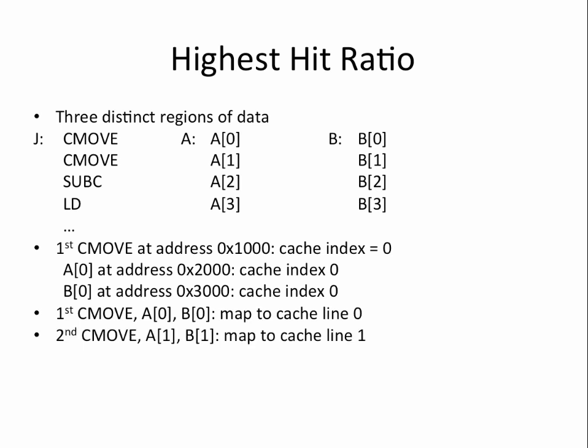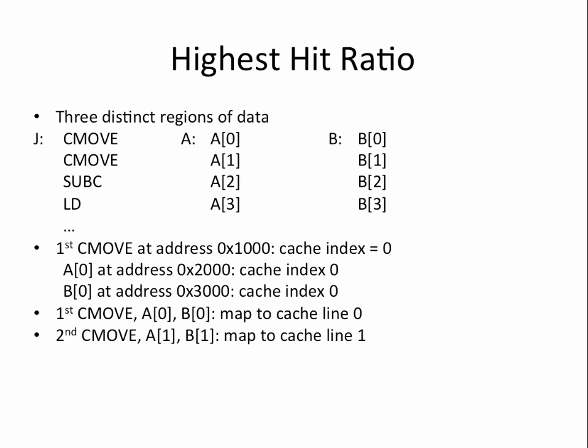Similarly, the second CMOVE, whose address is 0x1004, would map to line 1 of the cache, as would array elements A[1] and B[1]. This tells us that if we use the direct-mapped cache or a two-way set associative cache, then we will have cache collisions between the instructions and the array elements.